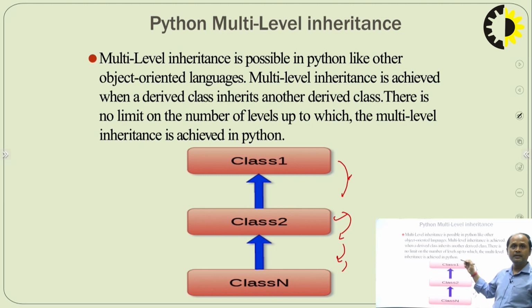This is multi-level inheritance. In multi-level inheritance, one class's property is inherited by another class, and after that, we can inherit from the second class to the third, fourth and fifth. This is called multi-level inheritance.